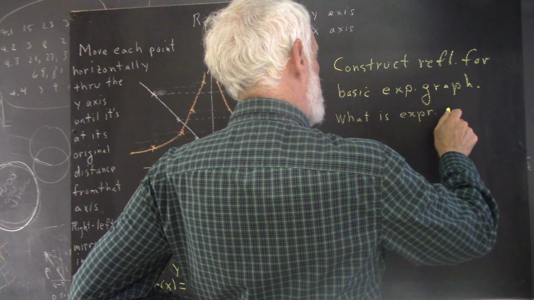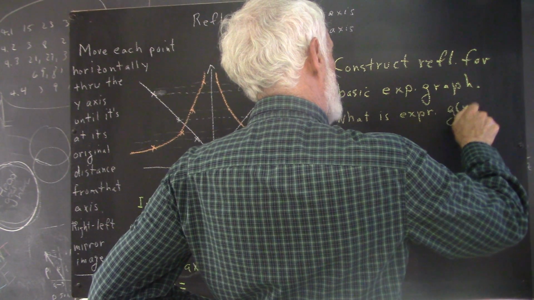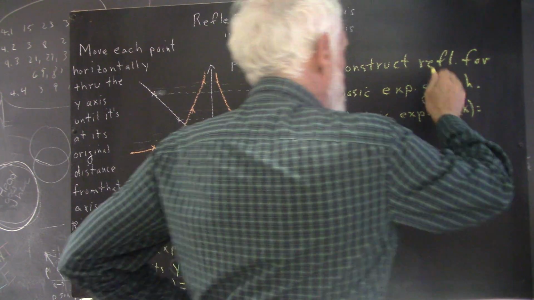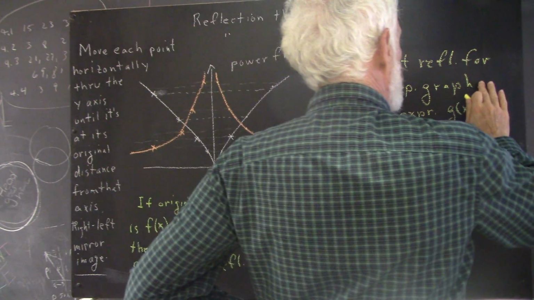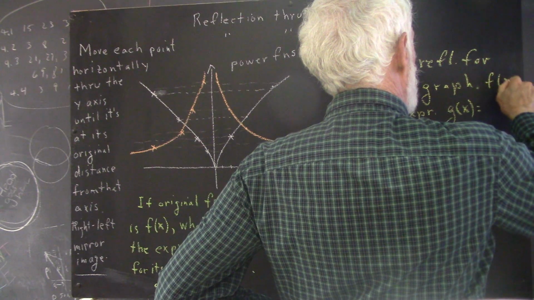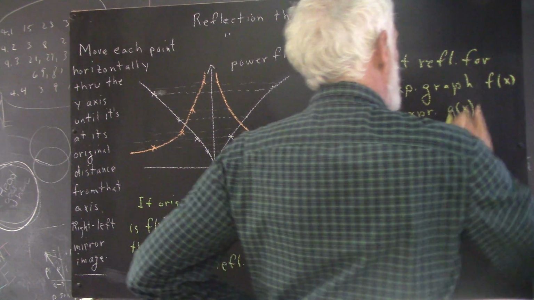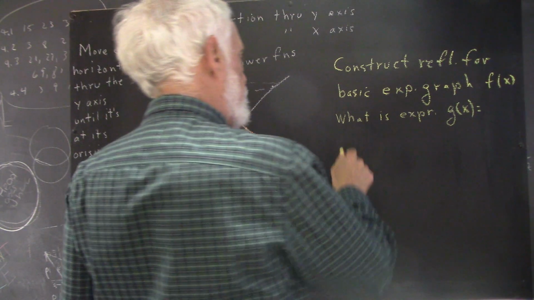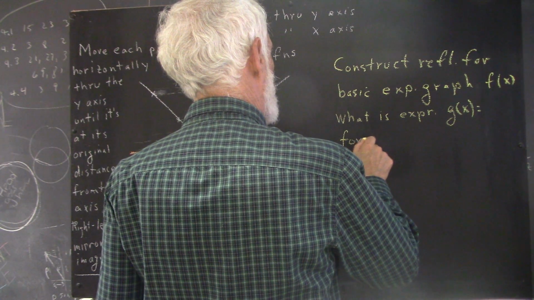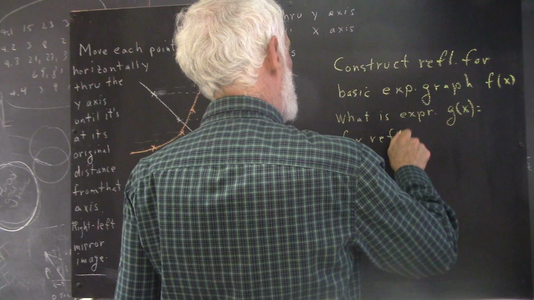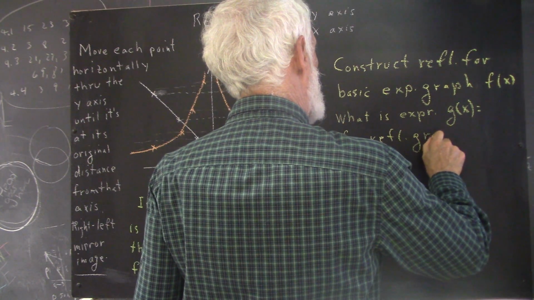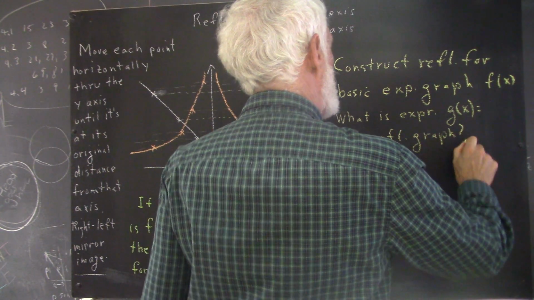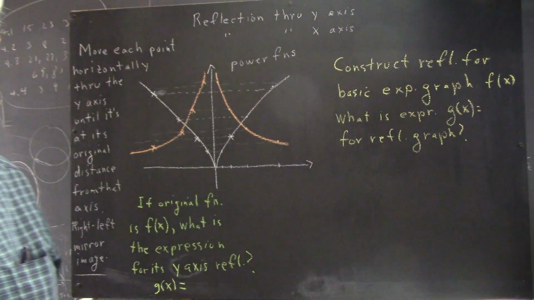And then, what is the expression g of x equals, assuming this graph, let's call that graph f of x? What's the expression g of x for the reflected graph? Then a couple more questions.